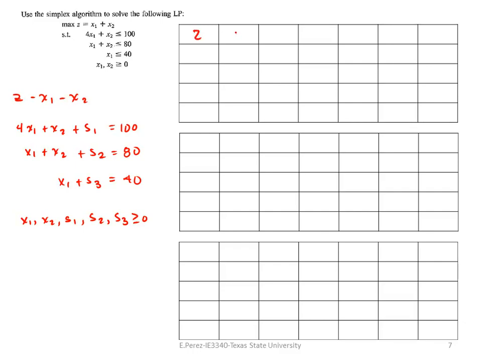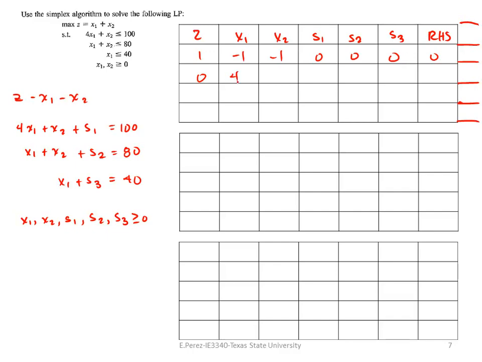So again, z, x1, x2, s1, s2, s3, right hand side. Okay, so there's an extra column that I need here, so I'm just going to add a couple of lines. Okay, so the initial tableau: this is 1, minus 1, minus 1, 0, 0, 0.